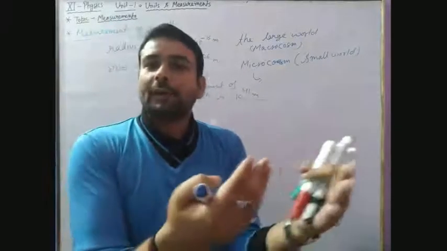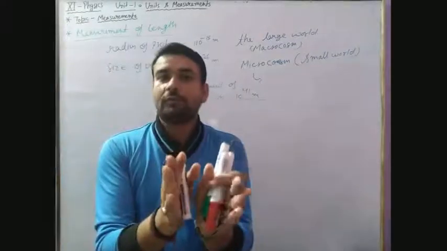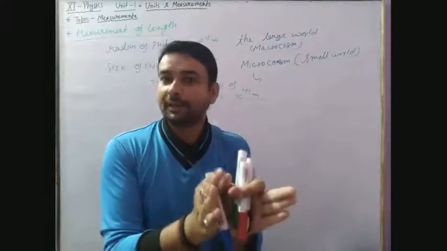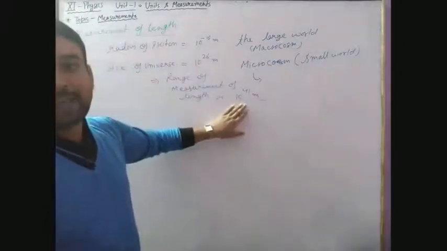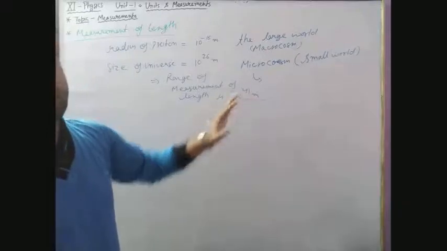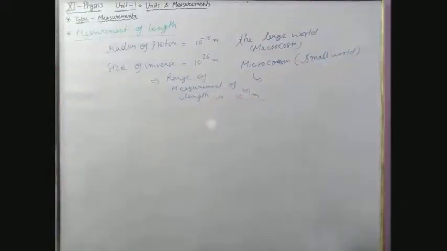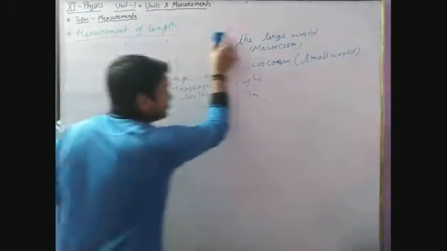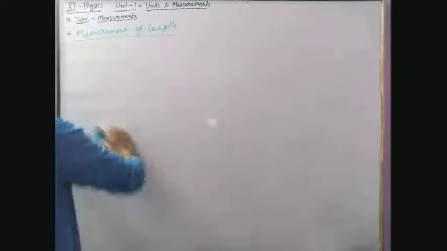so you can understand how small and big quantities are measured in the exponent of the power of 10. Okay, now we understand the first instrument which we use for measurement and how the length is measured.